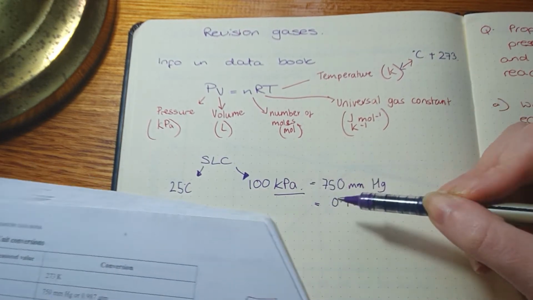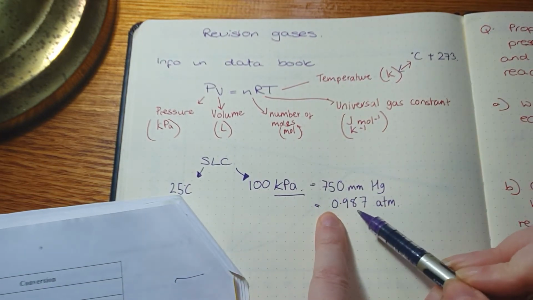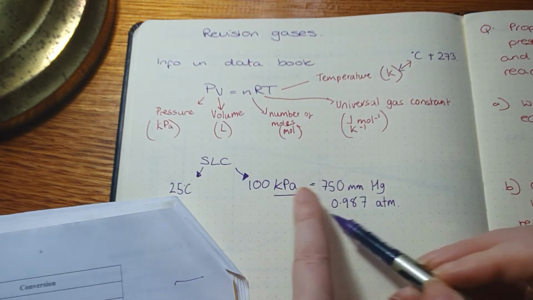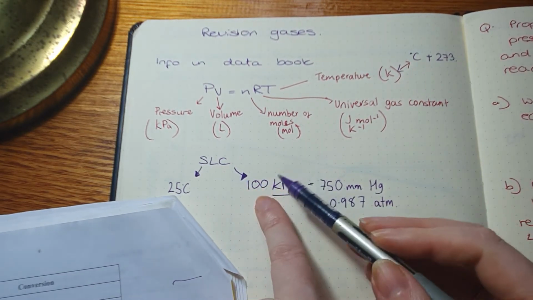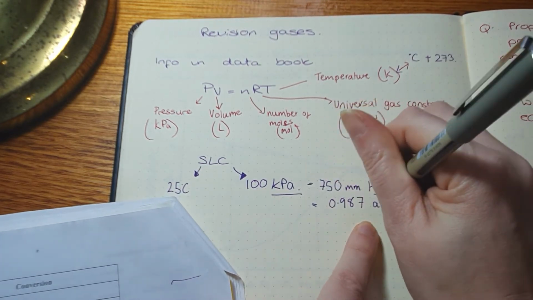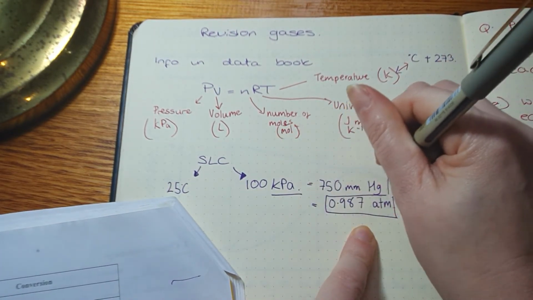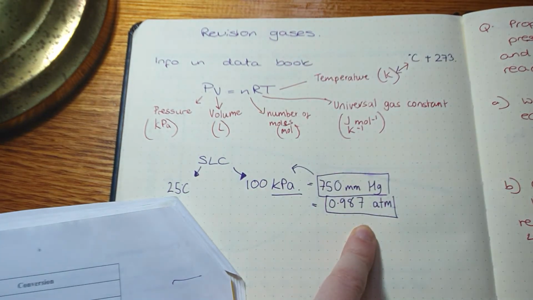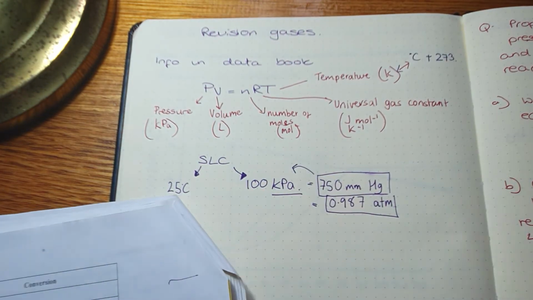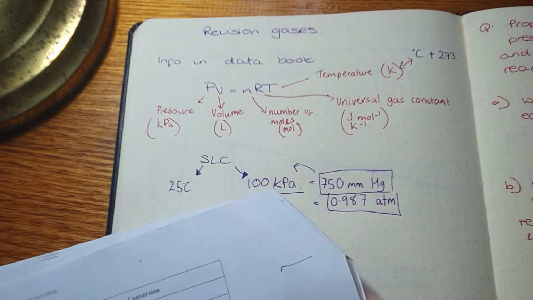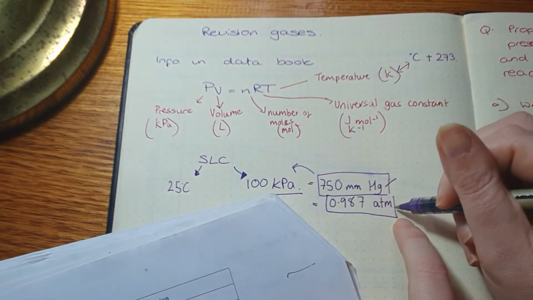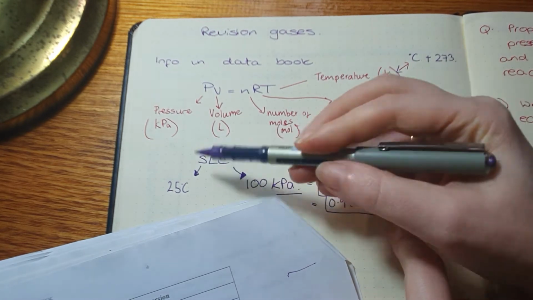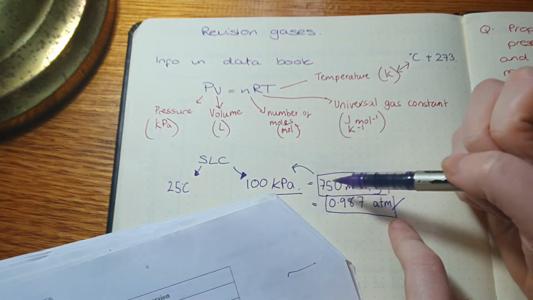They might give you an atmosphere figure, and if you think it's like 1, it's the same, no. You have to make sure you are checking that this value is equal to that. So that's your first stumbling block. If you see one of those being given, you have to double check that it's fitting standard lab conditions or not.